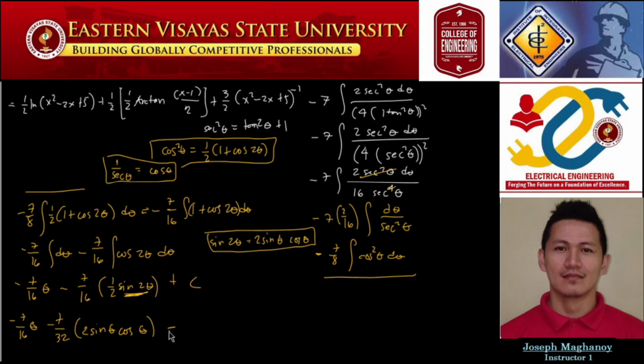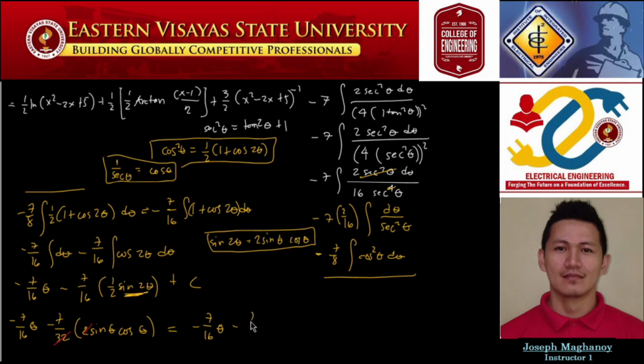So finally, our answer for our fourth term is negative 7 over 16 theta minus, okay, we cancel this out, 32 over 2, that would be 16.